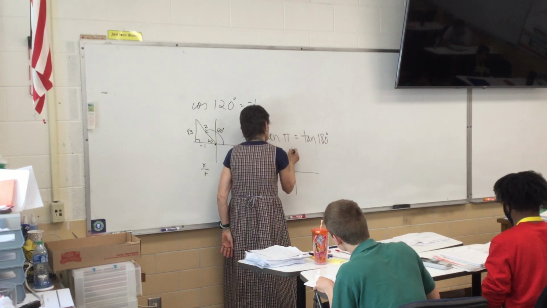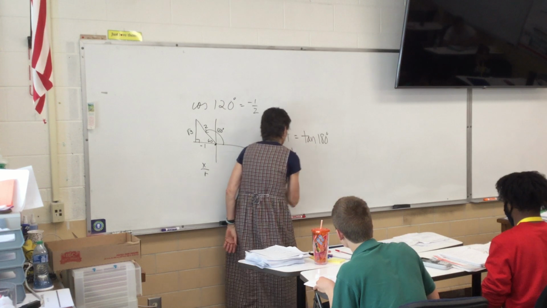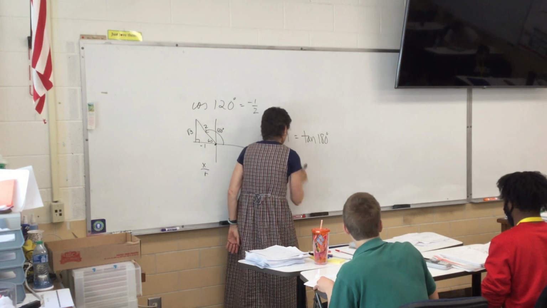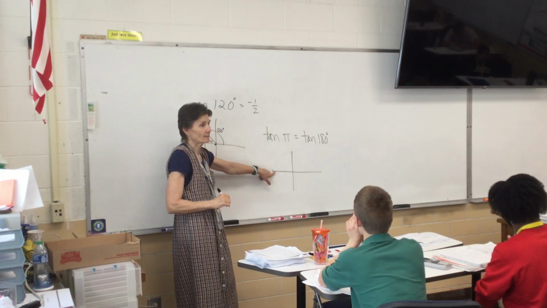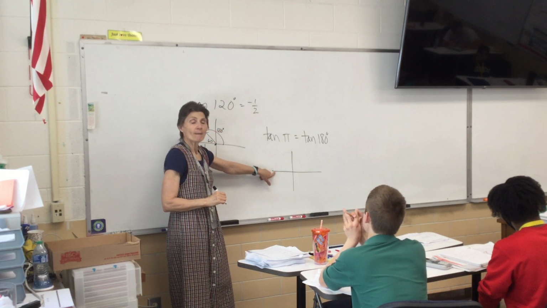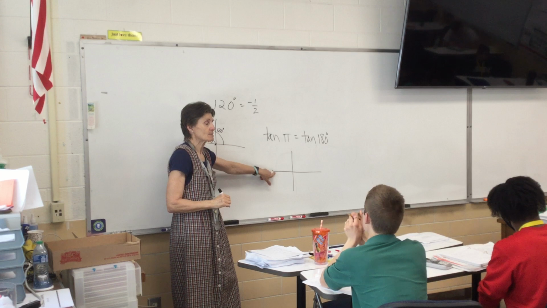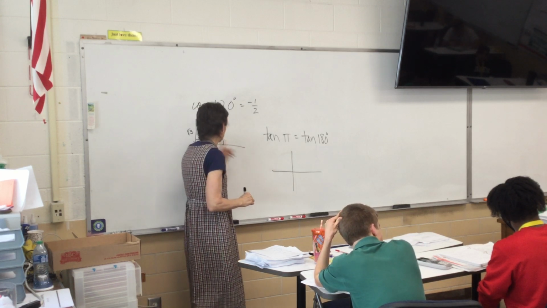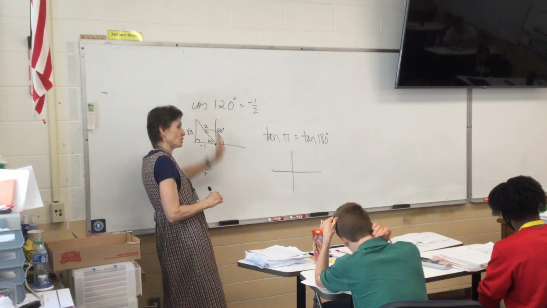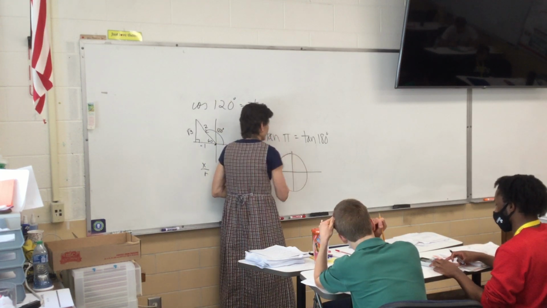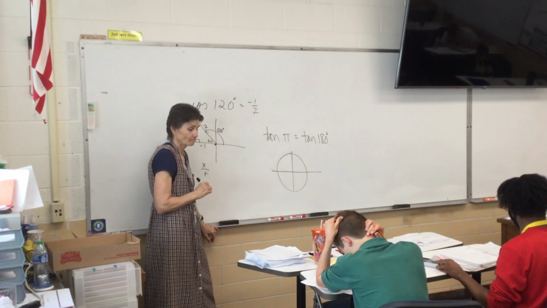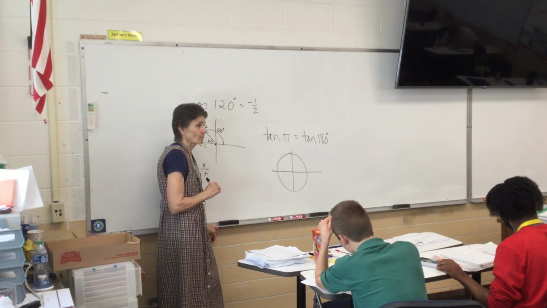So I'll draw a nice circle. Oh, actually, I'm giving it away. Where's 180? 180 is over here, isn't it? Remember when your angle is on an axis. This one wasn't. 120 kind of jets out, but when your angle is on an axis, you have to draw your picture. Right?